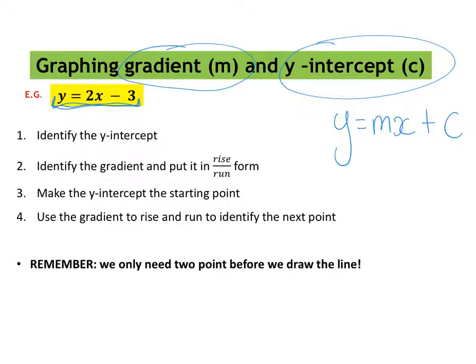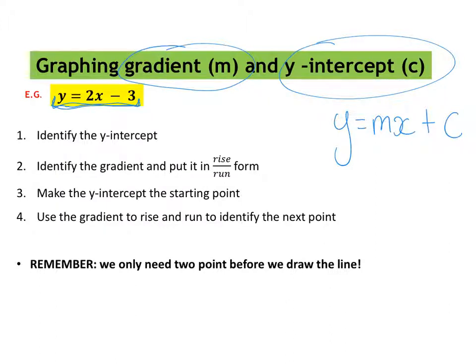So the steps for graphing using these two bits of information I've written down here, and you might like to write these down in your book too. So the first thing we do is we identify or find our y-intercept, then we identify our gradient, and we put it in rise over run form.